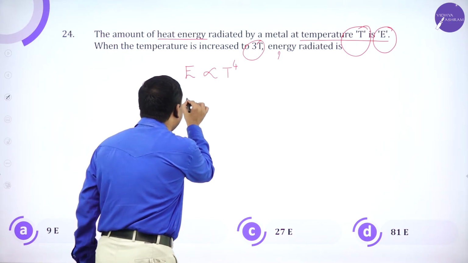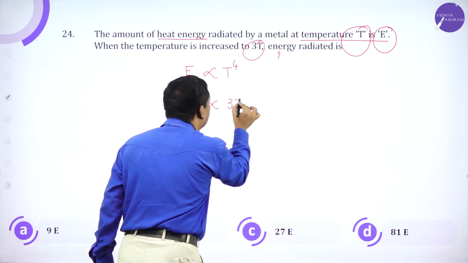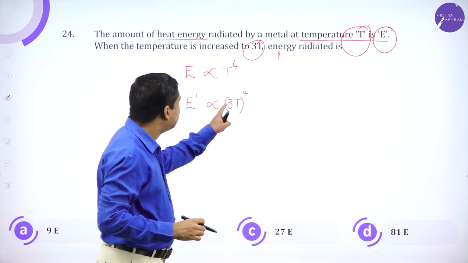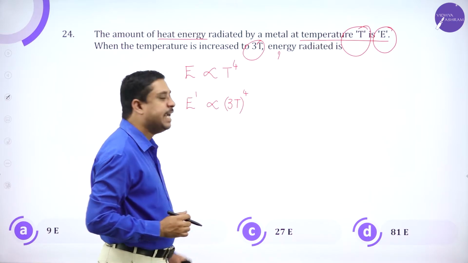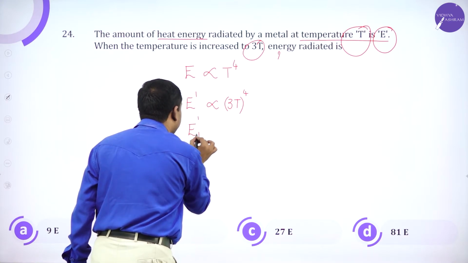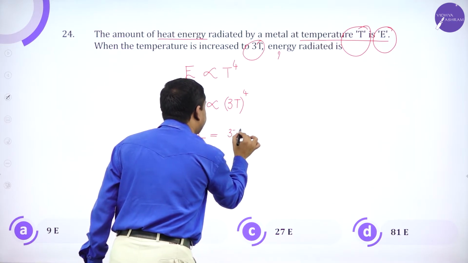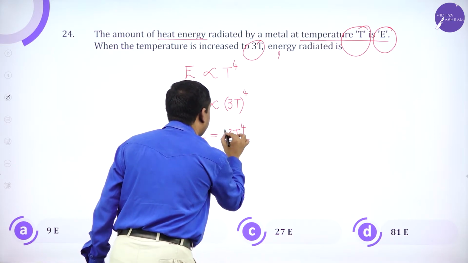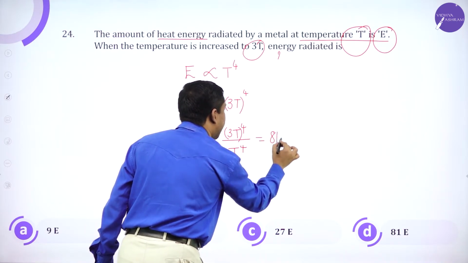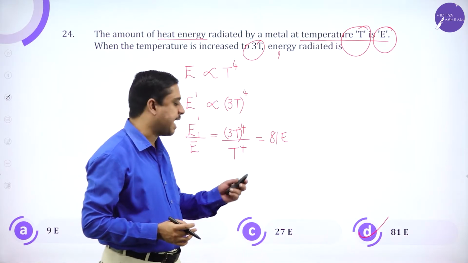So, E dash will be proportional to (3T) to the power 4. E dash by E will be (3T) to the 4 divided by T to the 4, which is 81E. So the answer is 81E.